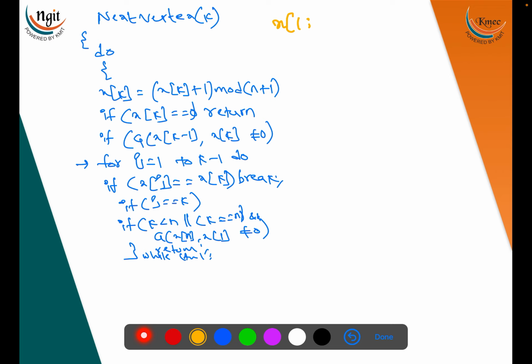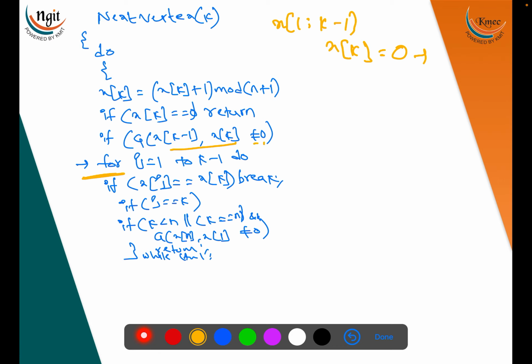If x of k equals 0, then no vertex has been assigned to x of k. X of k is equal to 0 in the sense that initially no vertex is assigned. After execution, x of k is assigned the next highest numbered vertex, and that is the very reason we are taking this for loop. Initially it is 0. When it is 0, we'll return the solution for the graph.